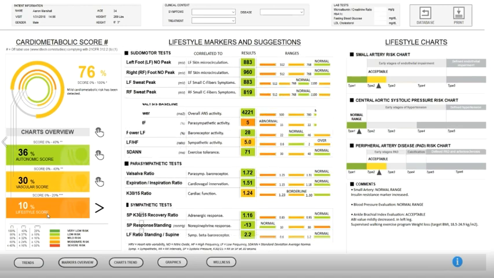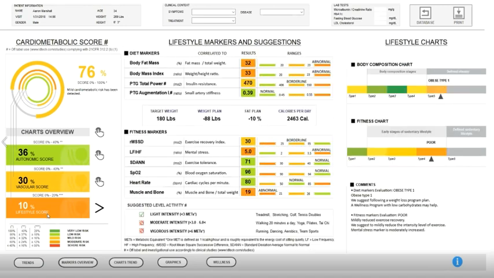And then, of course, objectively can evaluate the patient's lifestyle, okay?